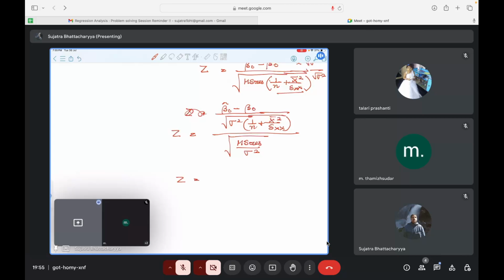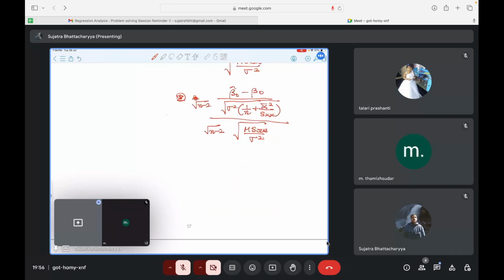Again, so this is again Z. So Z can be written as beta naught cap minus beta naught divided by root over sigma square times 1 by n plus x bar square upon Sx, right? Divided by, if I now multiply and divide by root n minus 2, you get root of MS residual by sigma square.